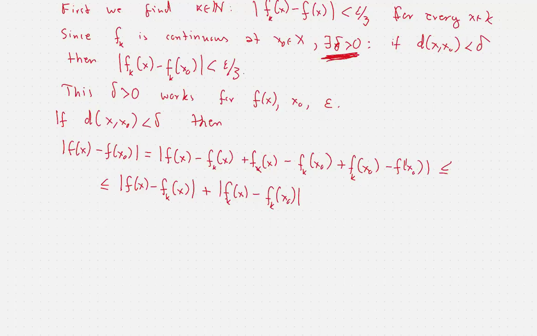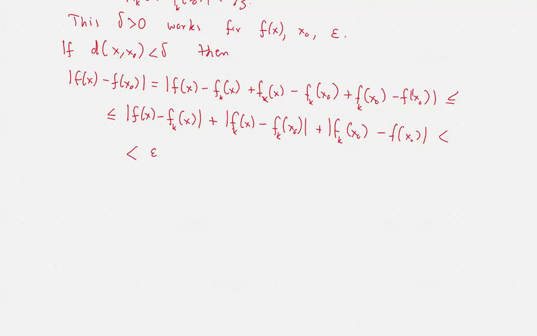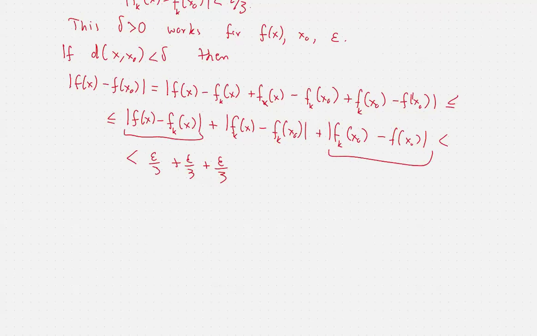So the idea is very simple. f sub k is really close to f. And so in some sense, their behavior is very similar. So what we know in terms of proximity for f sub k translates to some type of proximity for the values of f. And of course, each of these things is less than epsilon over 3 for different reasons. The first and the last are less than epsilon over 3 because of the choice of k.